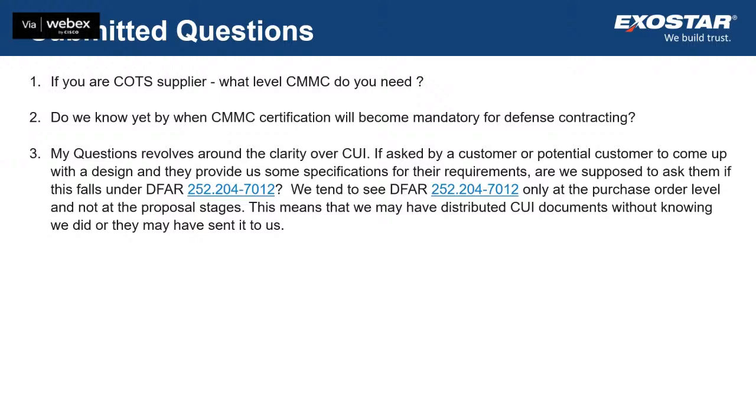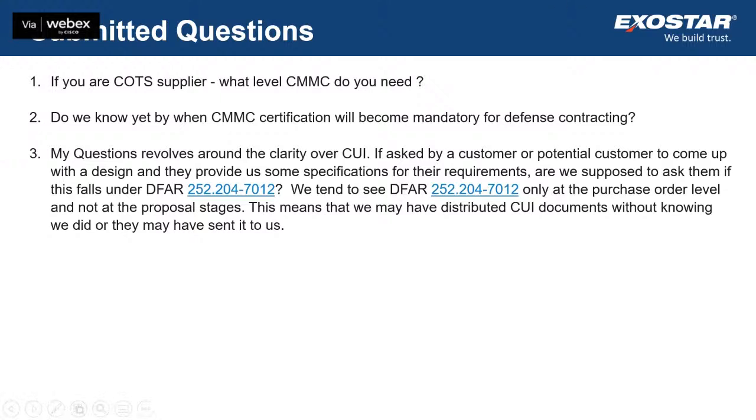So the last part of this question, this means that we may have distributed CUI documents without knowing. You're right, you may have, but if you find out at a later date that those were controlled unclassified, it would behoove you to go back and mark them as such, and then ensure that they then are stored and processed in the correct location.